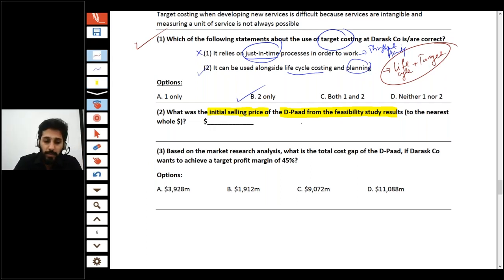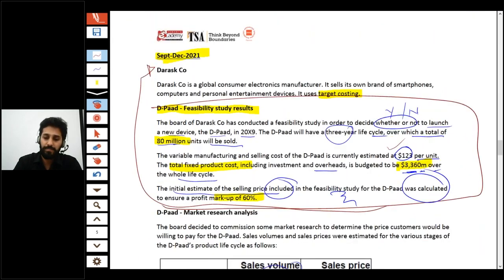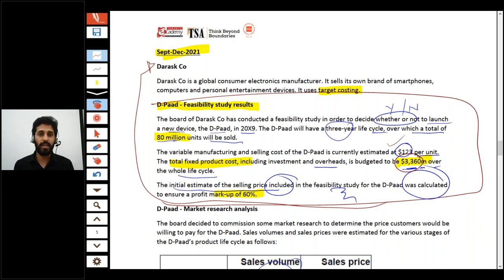The fixed cost is 3360 million, the total fixed cost, and I need to apportion it over the number of units, 80 million.